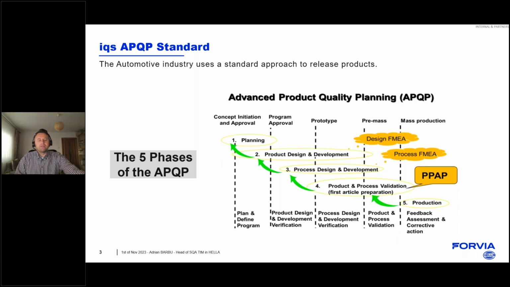These 5 phases represent the planning of the product that we are planning to develop, the design and development of our product, the process and implementation verification for our products, and of course then we discuss the process and product validation in order to ensure that what was designed and developed is feasible. And of course, the last one is production and corrective actions whenever required, or continuous improvement, as it is also named within the industry.